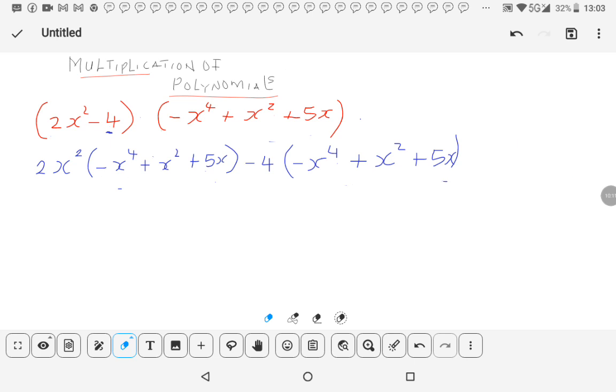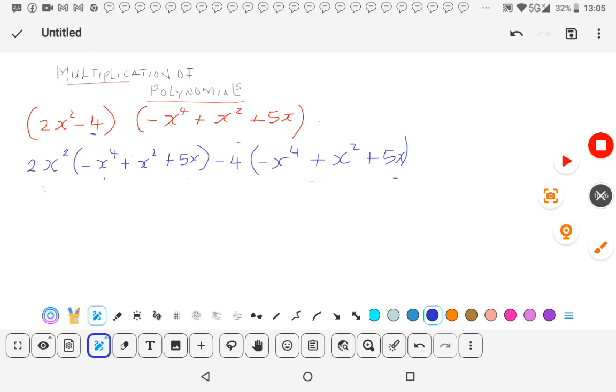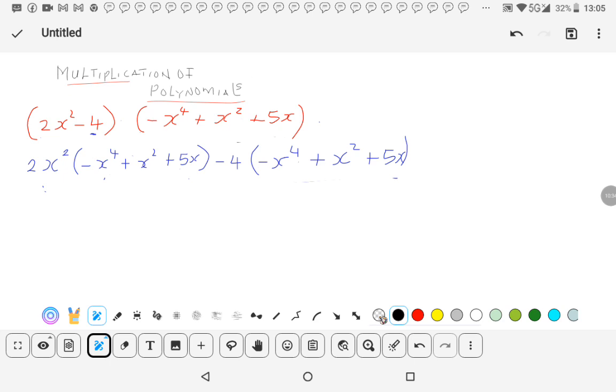So now you start with 2x squared multiplied by minus x raised to the power of 4. So this is how you multiply this.